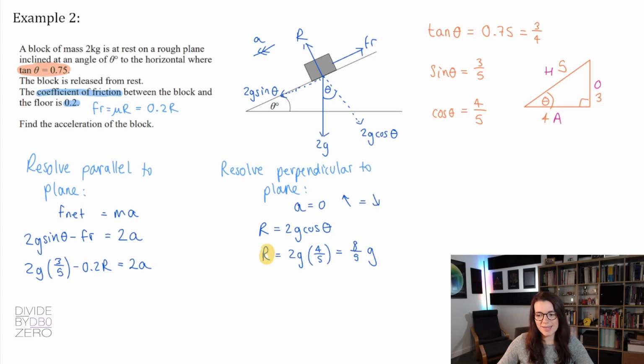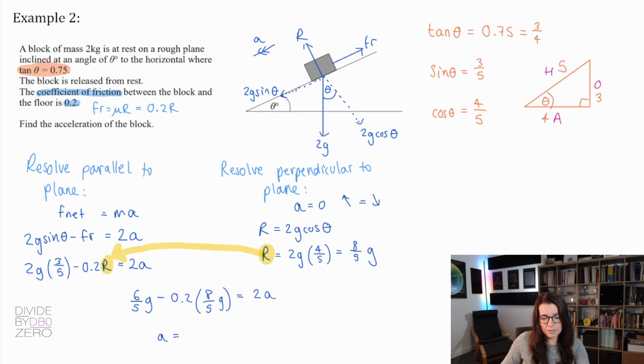Once we know this, we can take the R value and sub it into here. So that will give us 6/5 g from the 2g times the 3/5 minus 0.2 times 8/5 g equals 2a. You can then solve this for a. Turns out to be 11/25 g meters per second squared, or roughly 4.3 meters per second squared to two significant figures.